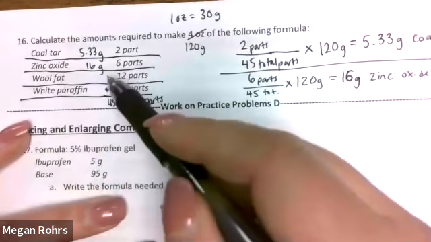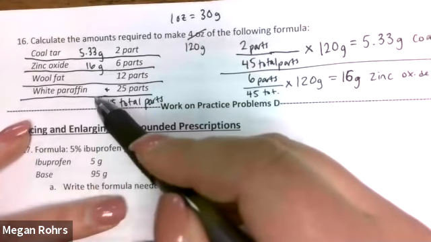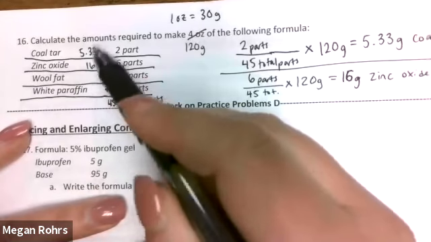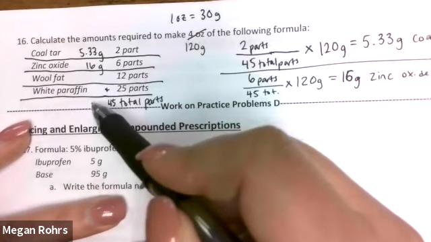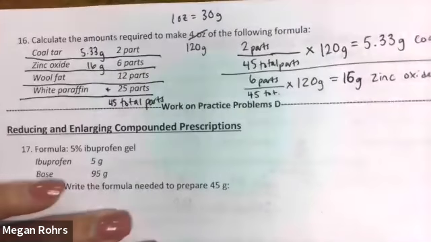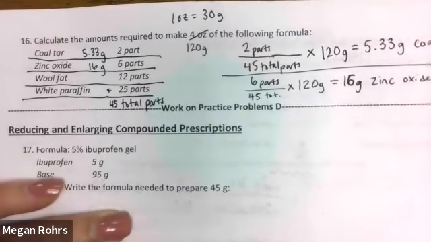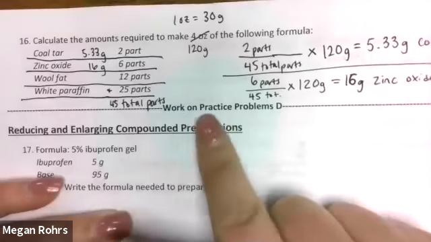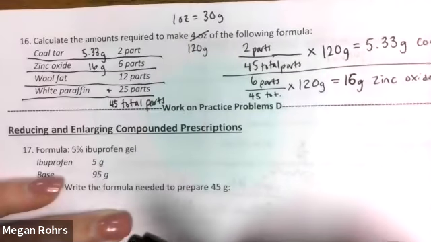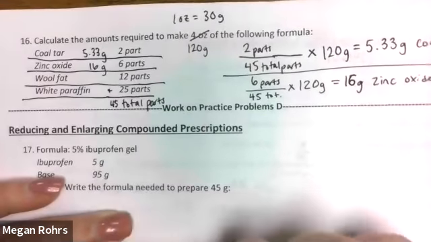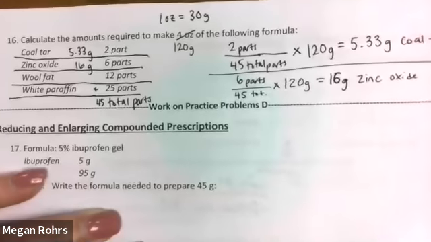So go ahead, solve for the fat, solve for the paraffin, and then double check your work by adding these together to make sure that they equal 120 grams. After you do that, this would also be a good place to stop and work on practice problems D before you move on to the next part of the lecture.